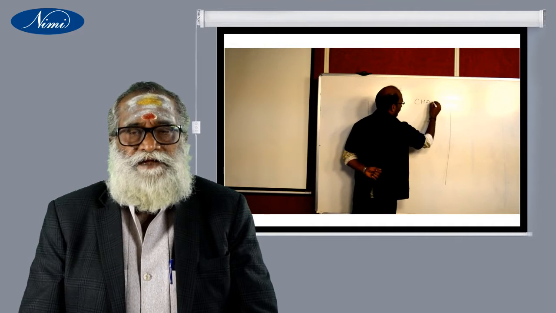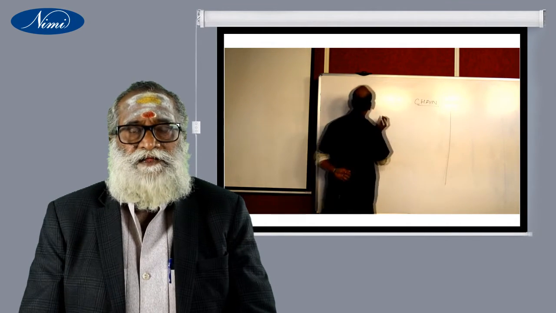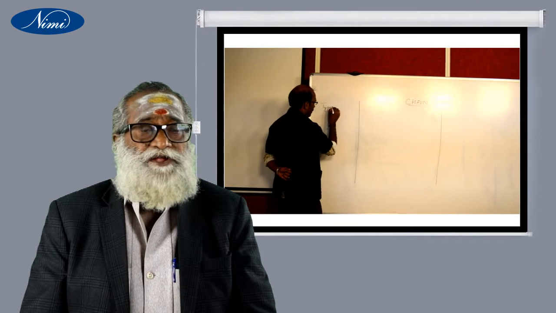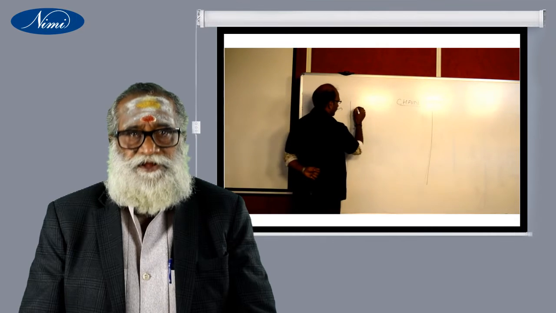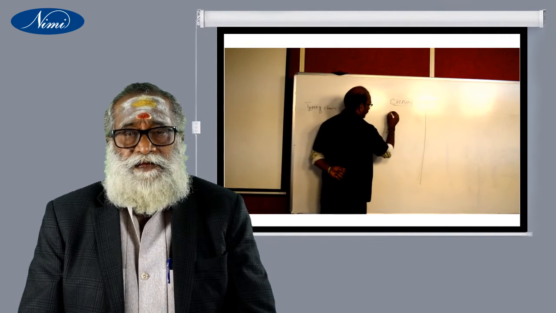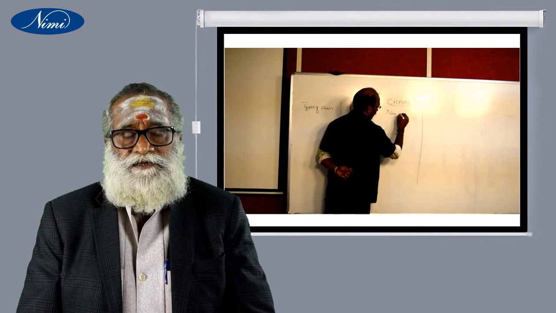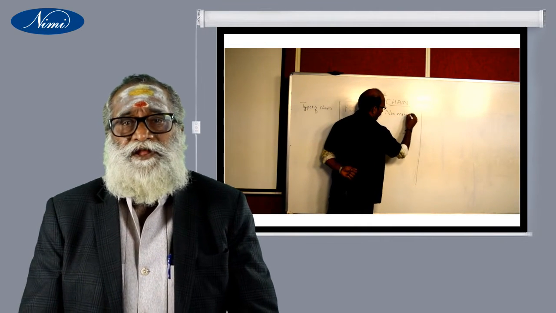Now, he has started the class nicely and he has stated the title also nicely, but he has written the types of chain, metric chain and non-metric chain. He has said it is a metric chain, the other is a non-metric chain.